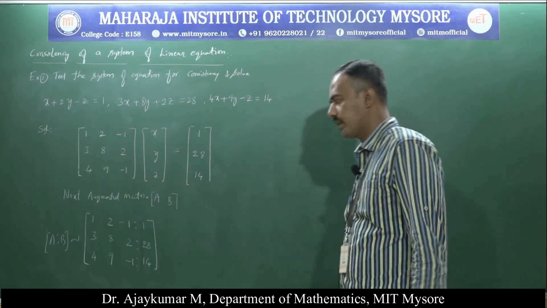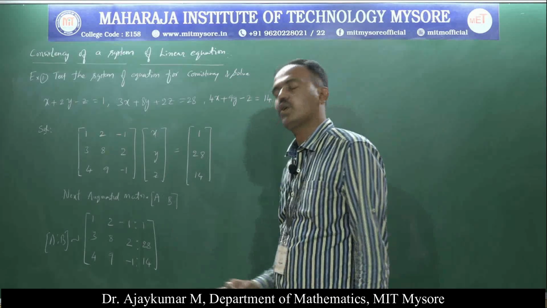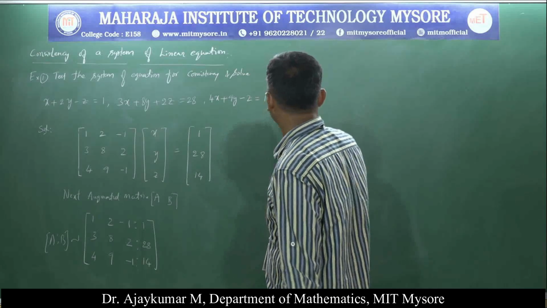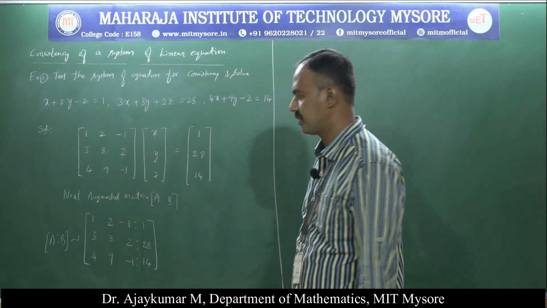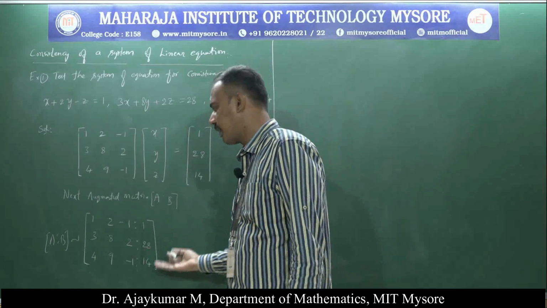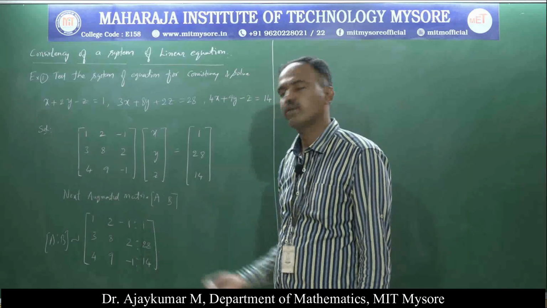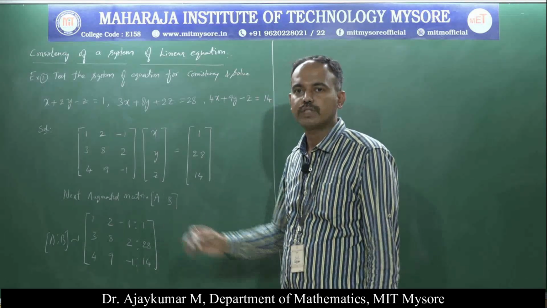Next we have to apply the row reduced echelon form. We apply transformations in such a way that we get the echelon form, to find the rank of the augmented matrix and later the rank of the coefficient matrix.